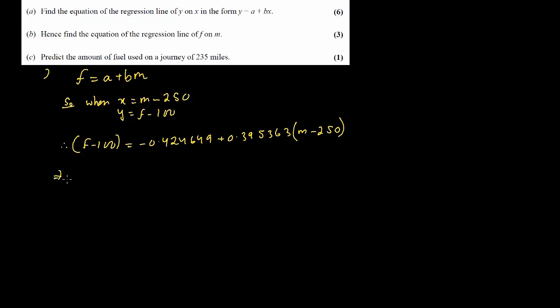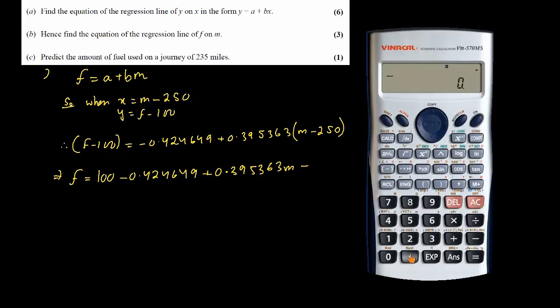So let's bring everything to the other side except for f. So f equals 100 minus 0.424649 plus this thing into m, which is 0.395363 m, minus this into 250, which is 0.395363 into 250, 98.84075.